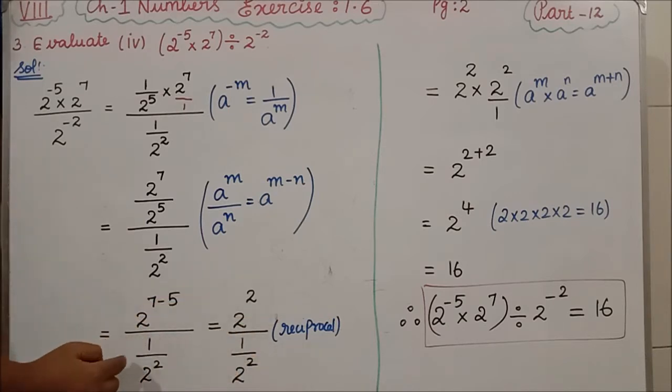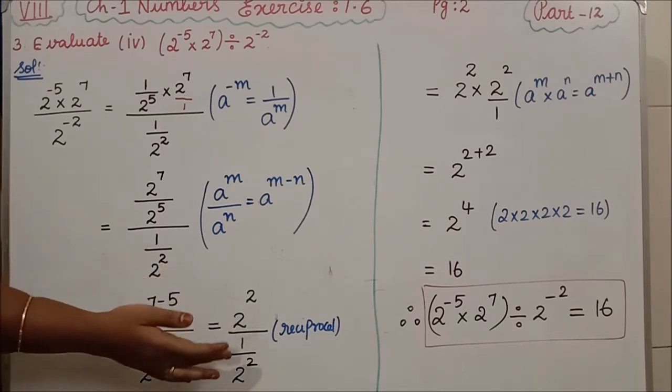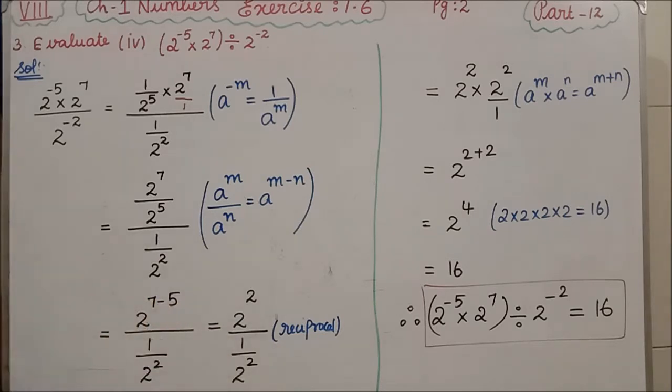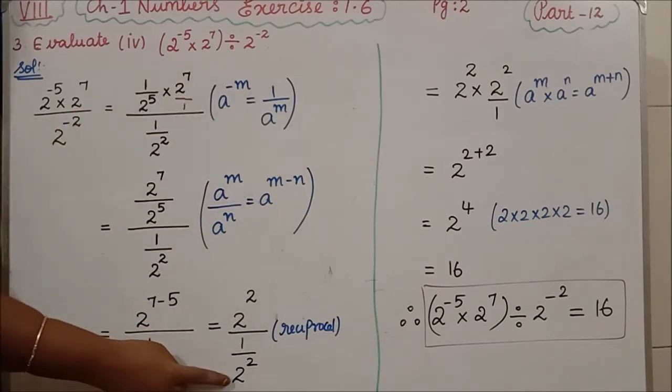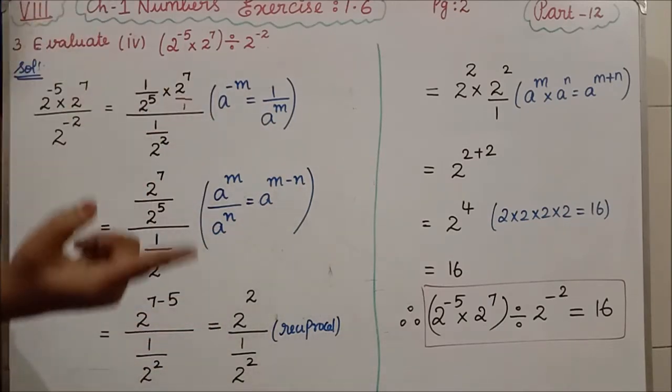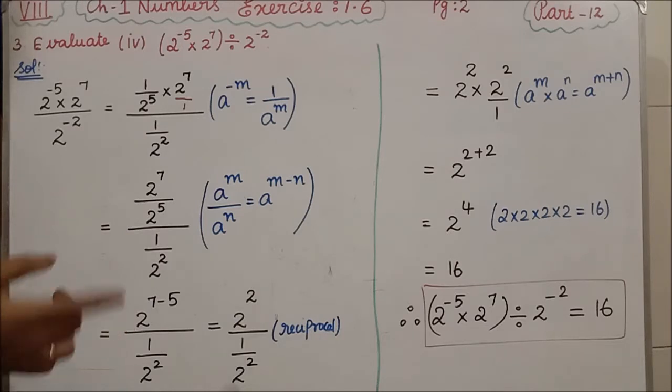Divided by 1 divided by 2 square. The numerator I am writing as such. As I told you previously many times, if you have a denominator and another denominator, it will become the reciprocal. So 2 square I am writing as such. The 1 by 2 square will become the reciprocal. Reciprocal means what?